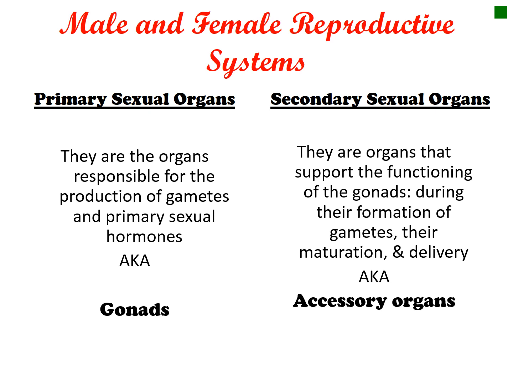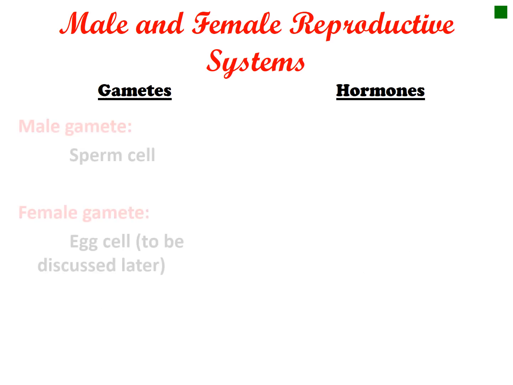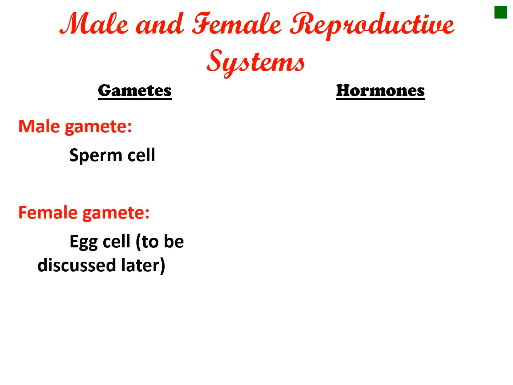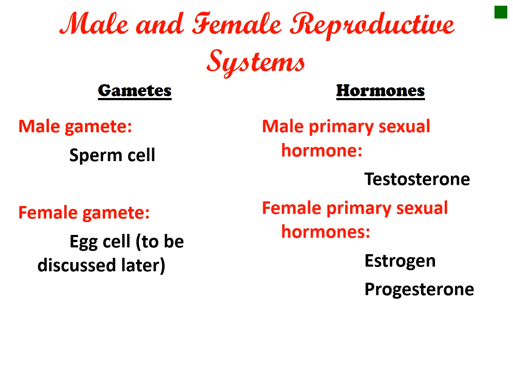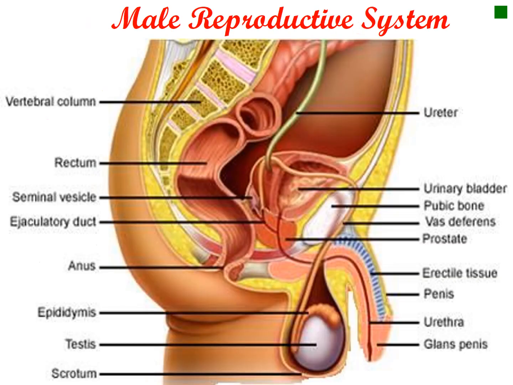Male gametes are called sperm cells, while the female gametes are called egg cells, to be discussed later in the coming lectures. Male primary sexual hormone is called testosterone, while the female ones are estrogen and progesterone.